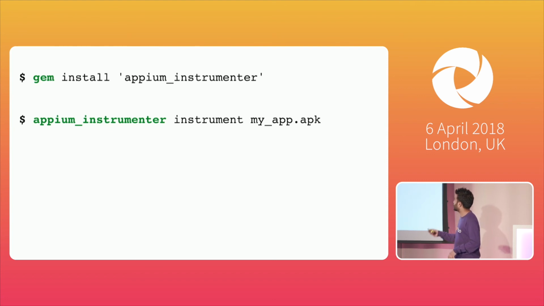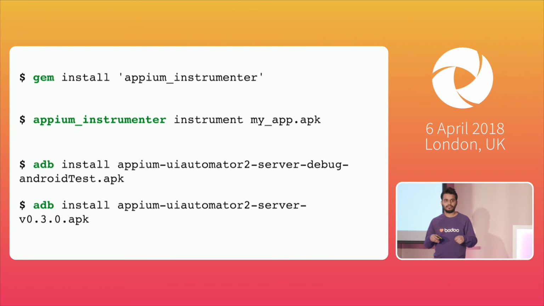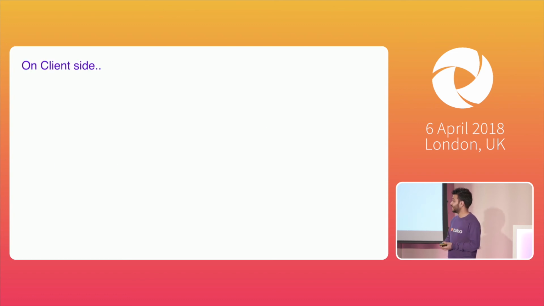I say APM instrument my APK. Basically, this creates a copy of the same merged APK, but with the instrumentation pointing to our application under test, and it also signs it with the same key store as our application under test. So we get two APKs here, and we should install them, and that's pretty much it.